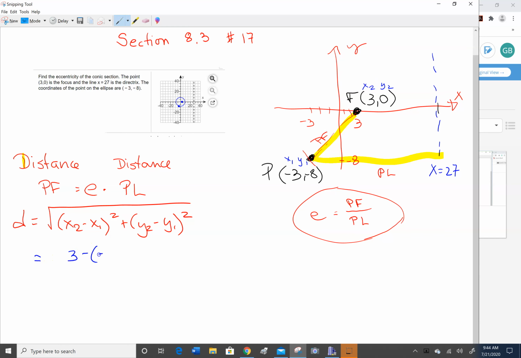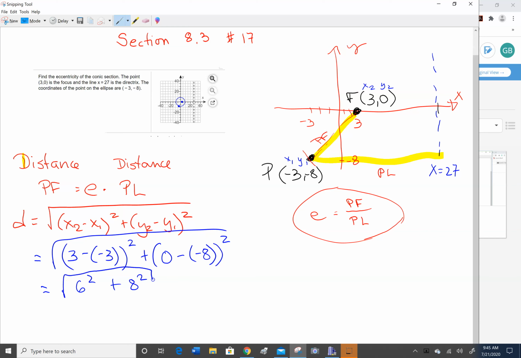Plug in your values: 3 minus negative 3, squared, plus 0 minus negative 8, squared. Do the arithmetic. 3 minus negative 3 is 6 squared, plus 0 minus negative 8 is 8 squared, and all of it is under the square root.